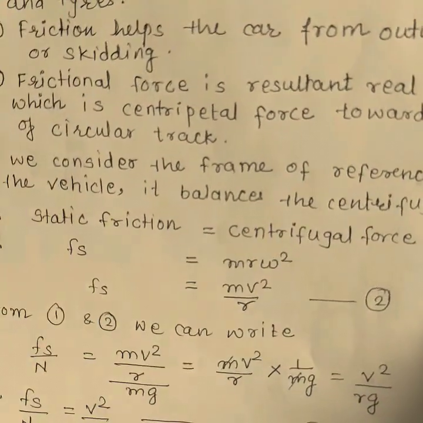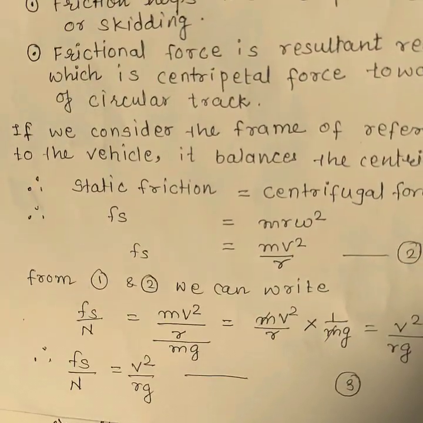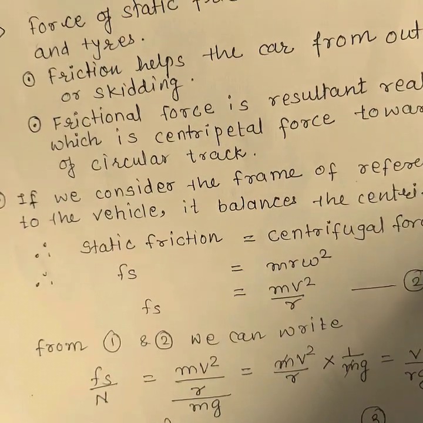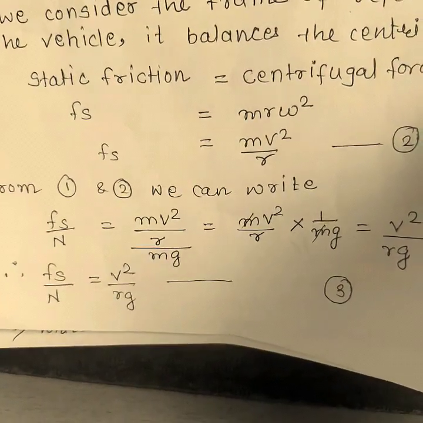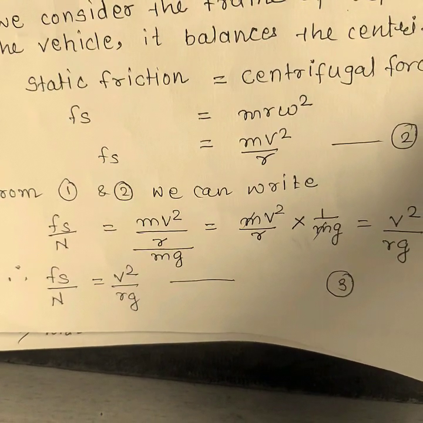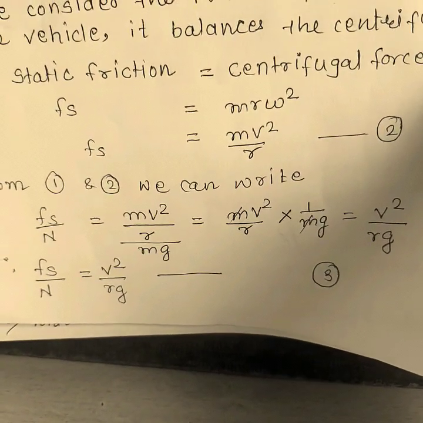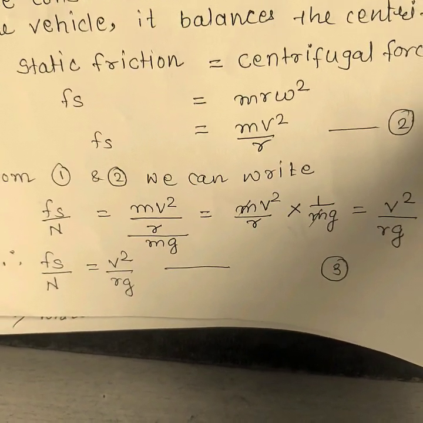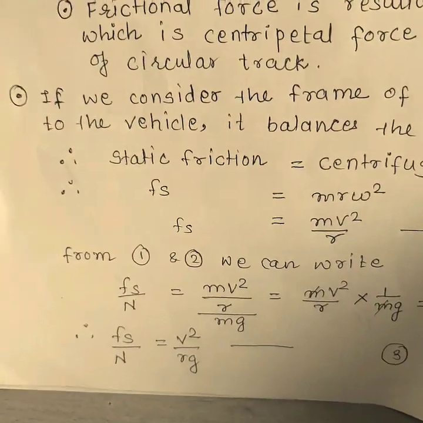Now from equation 1 and 2 we can write Fs upon N is equal to mv square upon r divided by mg, which is mv square upon r into the reciprocal of mg, that is 1 upon mg. m gets cancelled, so here remains Fs upon N is equal to v square upon rg. So let us call this equation number 3.